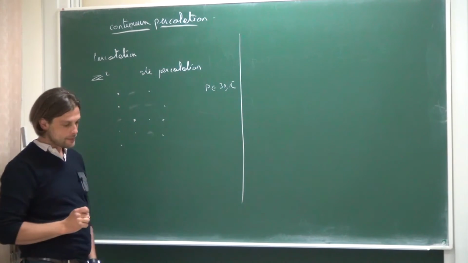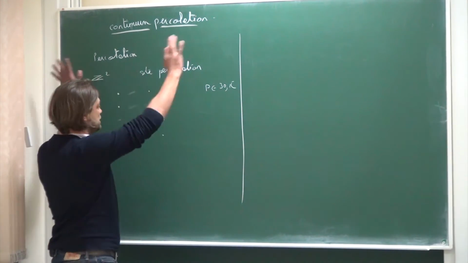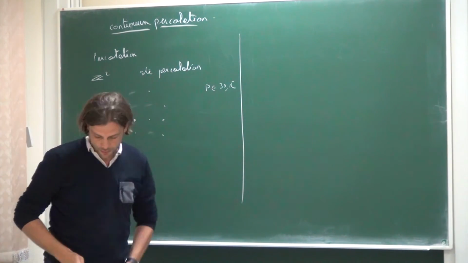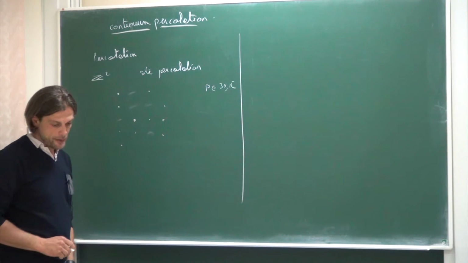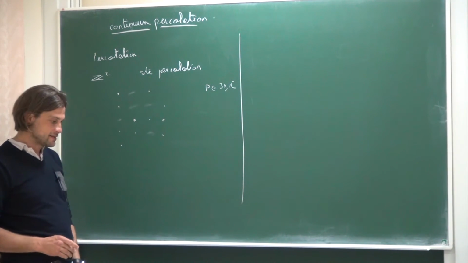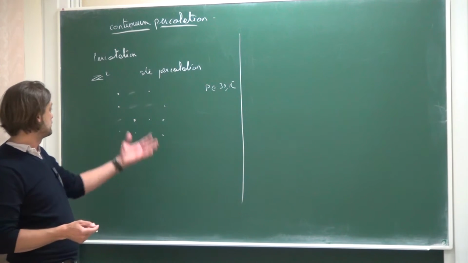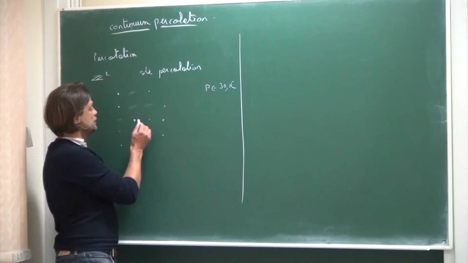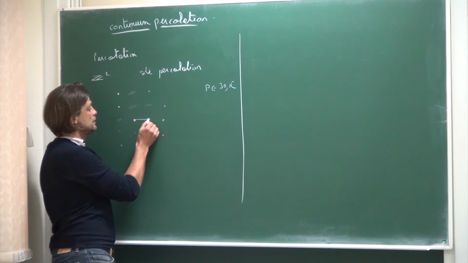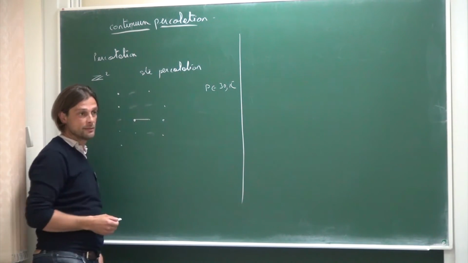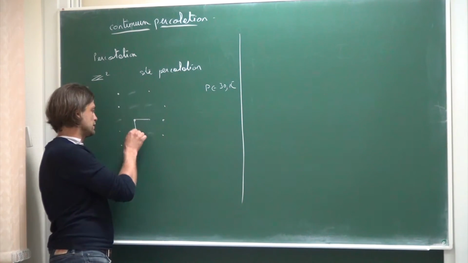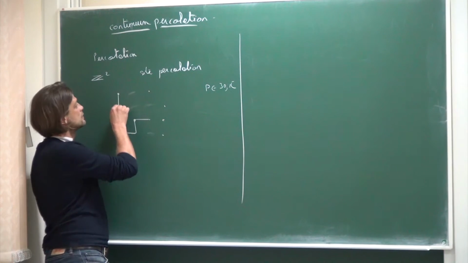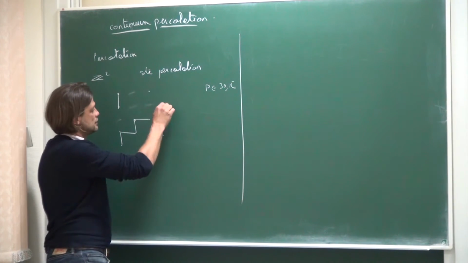Okay. And now imagine an infinite volume model, of course. And percolation means there exists an infinite connected graph. You connect the points if they are neighbors. So for example, this one is connected, not in the diagonal.